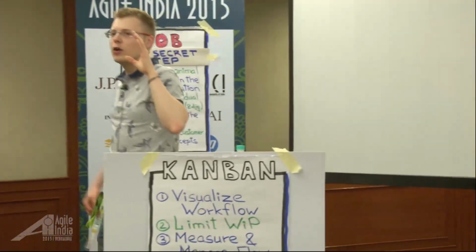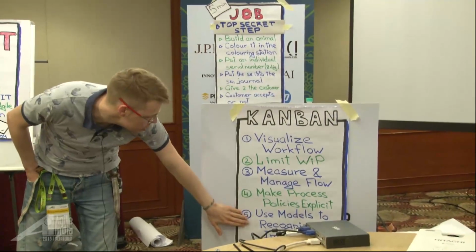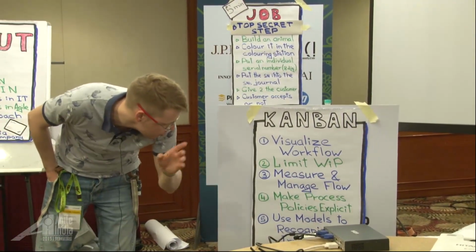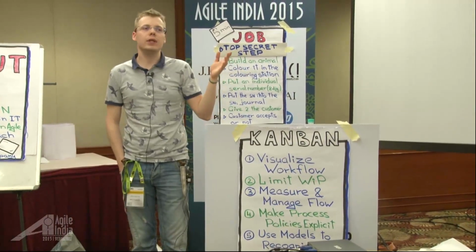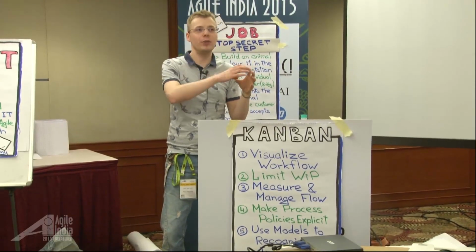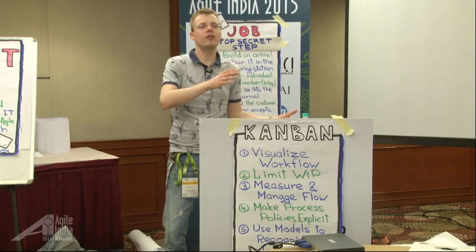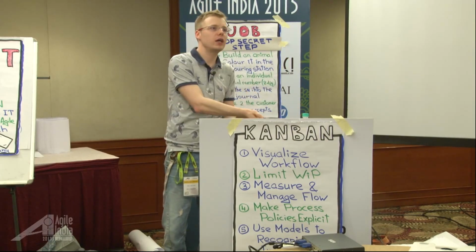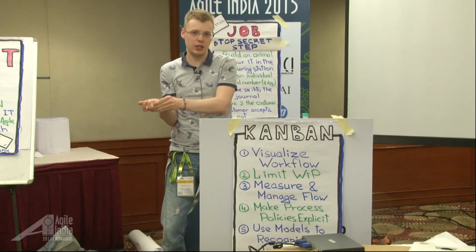So you also will have these rules for other steps. And fifth, use models to recognize improvement opportunities. If I explain in other words, just search how you are able to optimize this whole workflow using different approaches like agile retrospectives or maybe theory of constraints or maybe some other techniques.